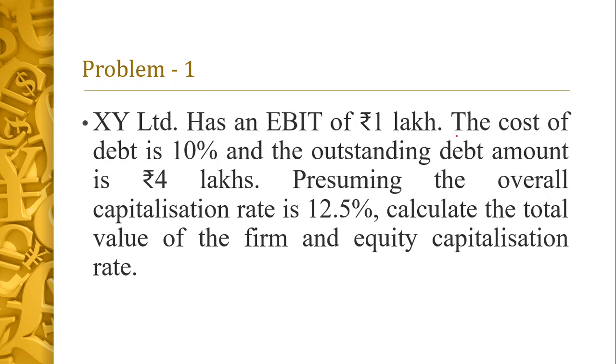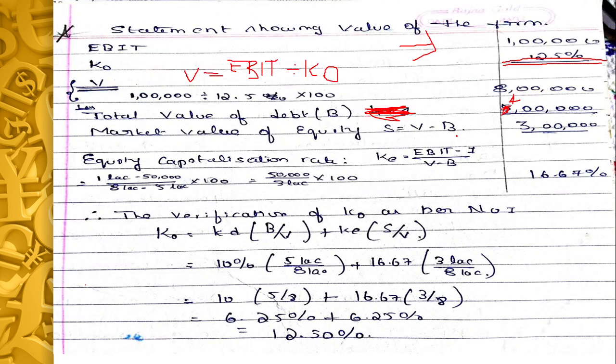What is the total value of debt? Yes, it has been given in your question. This answer is wrong. You will have to draw a proper answer. So 8 minus 4 stands at 4 lakh.